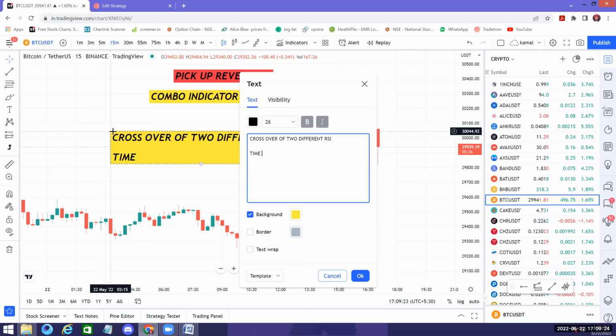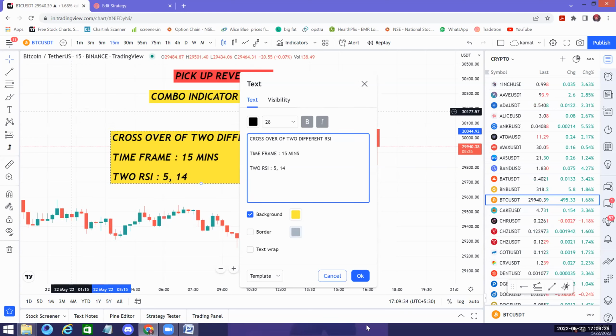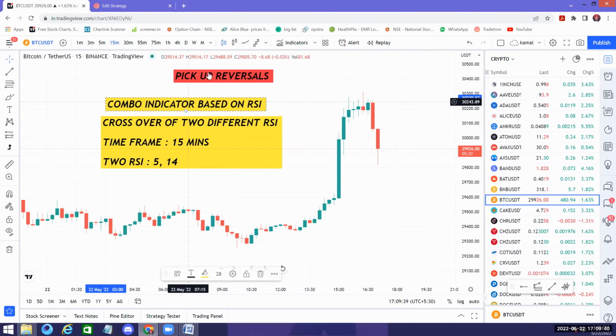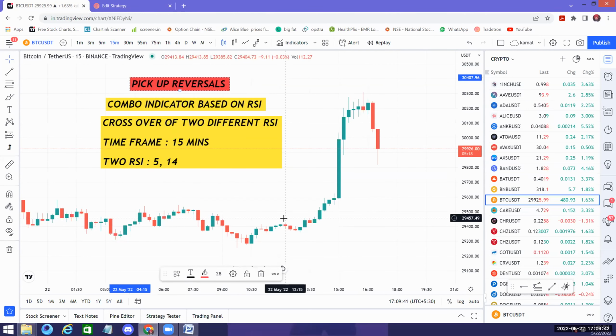Time frame is 15 minutes, and the two RSIs we are going to use are 5 and 14. If anybody can code it himself or herself, they are most welcome to do it. But this is what is there.